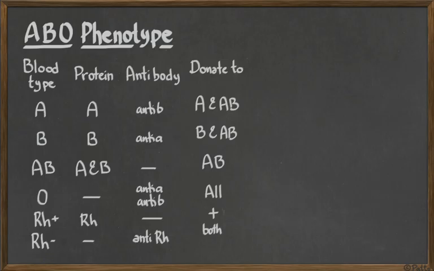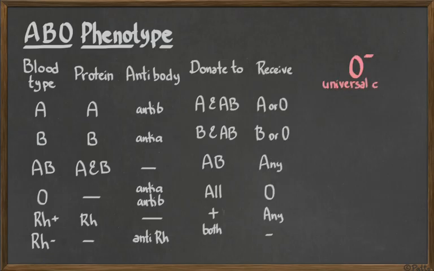So putting all this together, who is going to be the universal donor and who is going to be the receiver? So A can receive from A or O, B can receive from B or O, AB can receive from anybody, O can receive only from O, and Rh positive can receive from positive or negative, and the negative can only receive from negative.